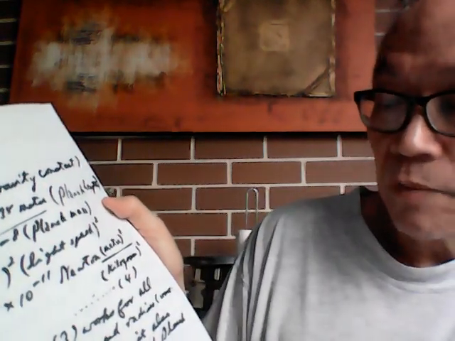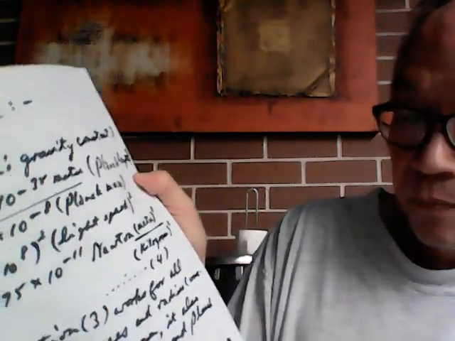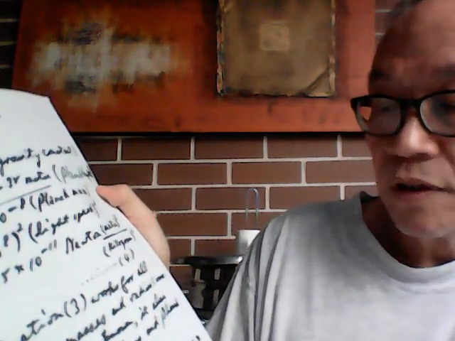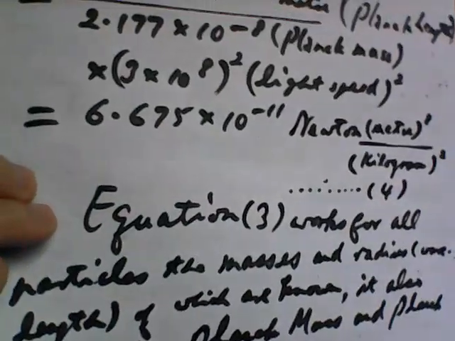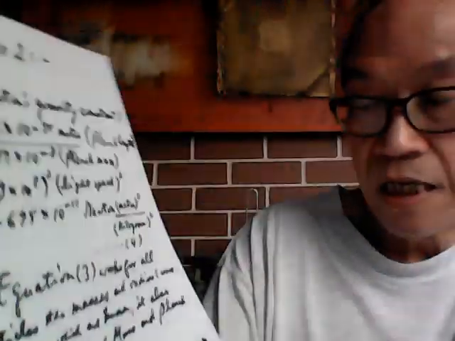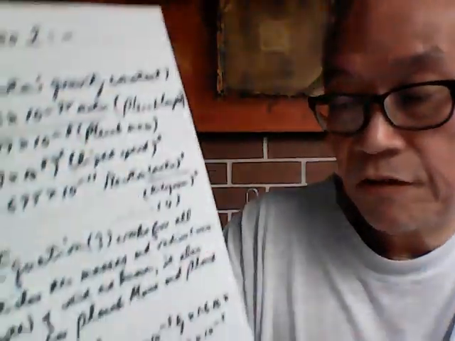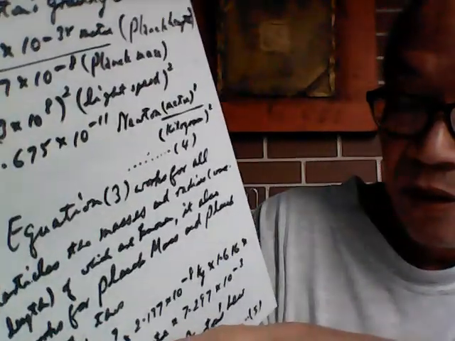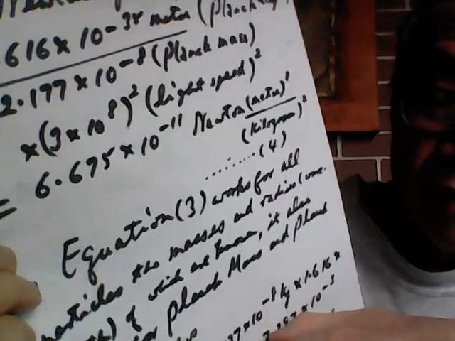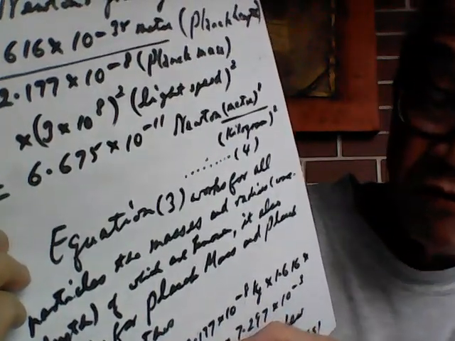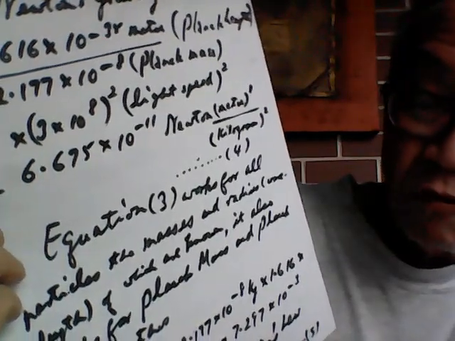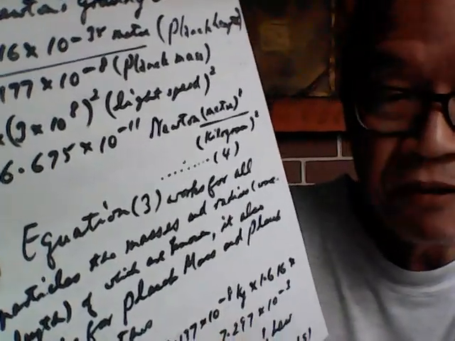As equation 3 works for all particles, the masses and radius, as wavelength, of which are known, it also works for Planck mass and Planck length. I just use my former equation 3 to work once again for Planck mass and Planck length.